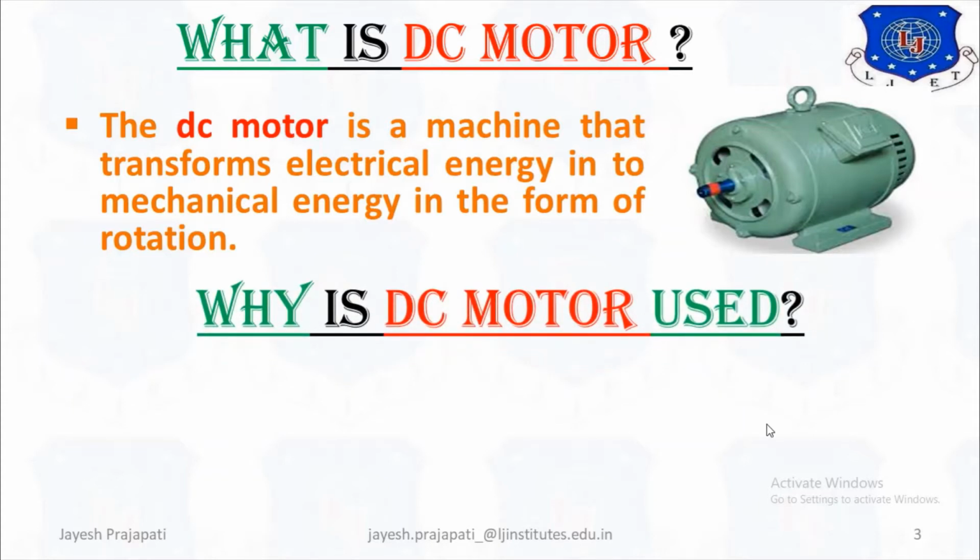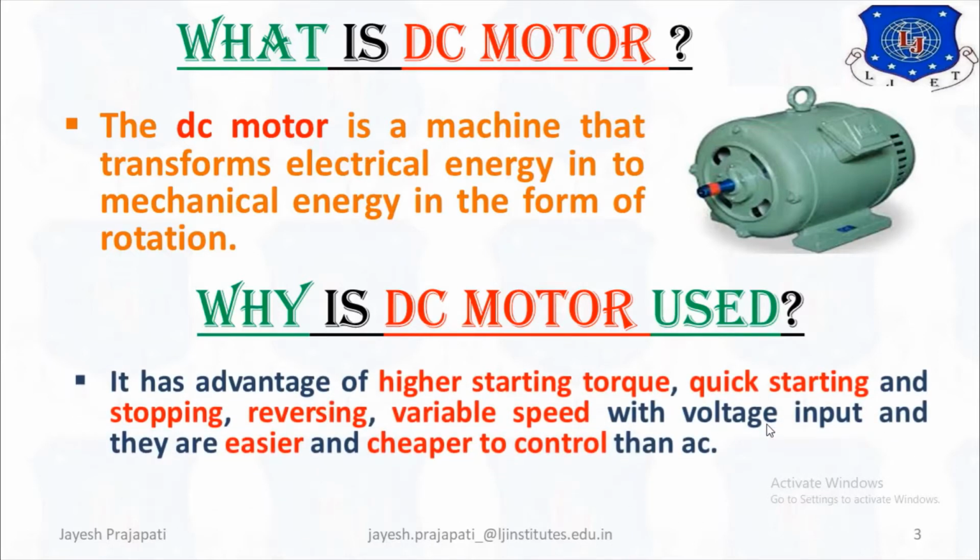Now another question is, why is a DC motor used? The answer is, it has the advantage of higher starting torque, quick starting and stopping, reversing, variable speed with voltage input, and it is easier and cheaper to control than AC. That's why we can use a DC motor.